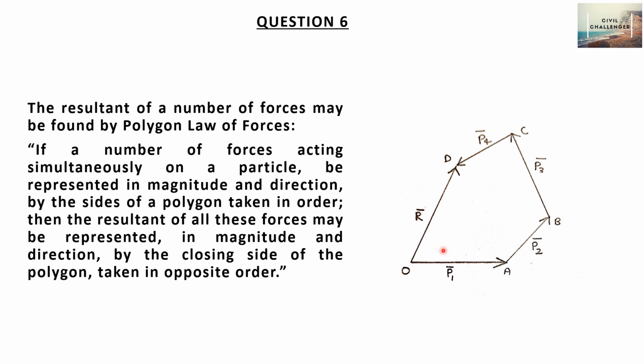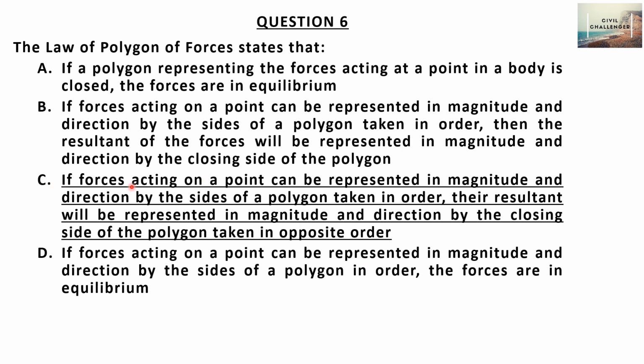If you can see the figure, P1, P2, P3, P4, etc. are the forces acting on a particle. Then we are going to represent them as sides of a polygon, so we need to arrange them end to end. If it is open, then the resultant is the closing side taken in order. So the correct answer is option C.